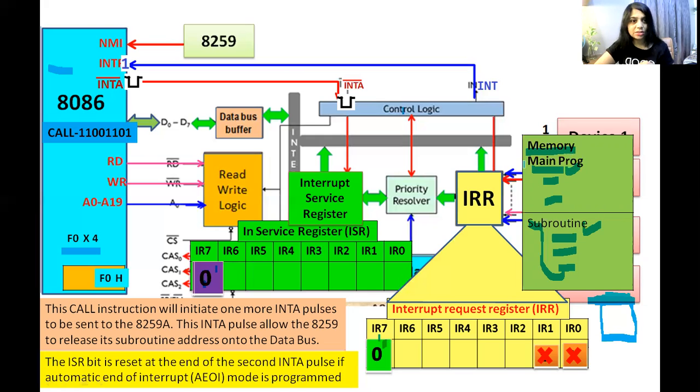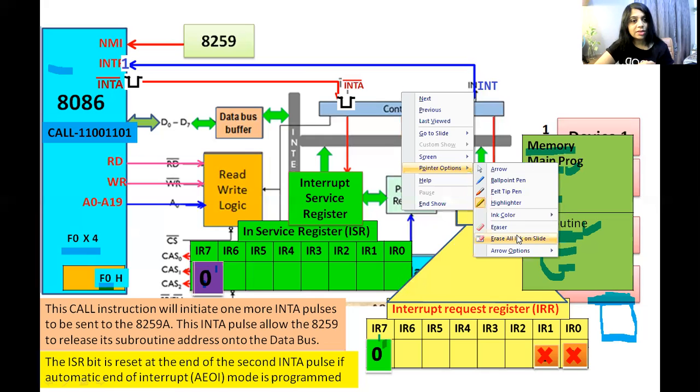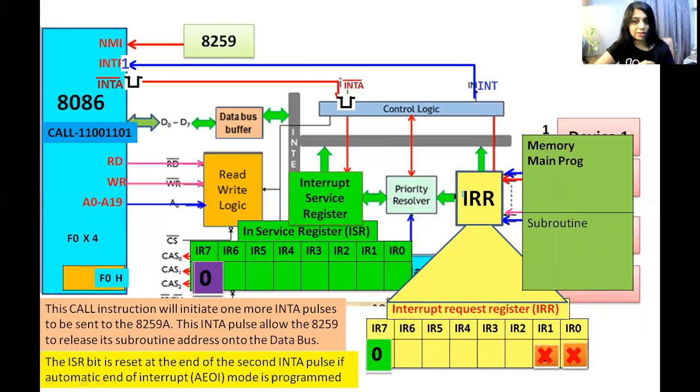So what happens? 8086 was first executing its main program, and whenever it received the interrupt on the INTR pin, it will send the acknowledgement, then it will receive this code, it will multiply this code and it will give the address for this subroutine wherever it is stored in the memory. So this is how 8086 communicates with this interrupting device.